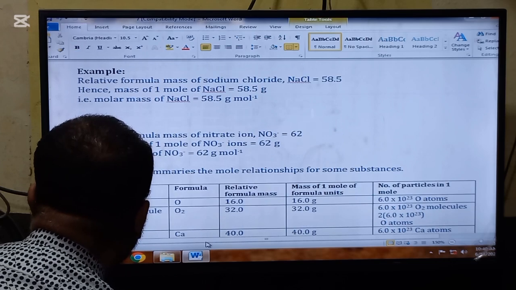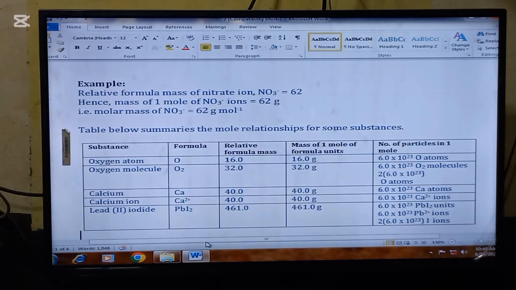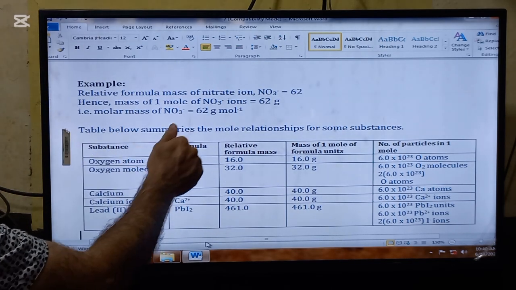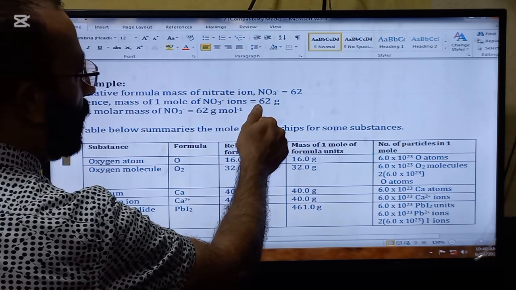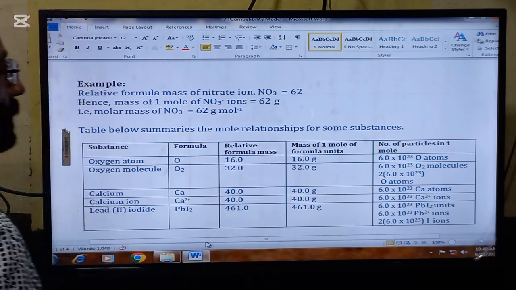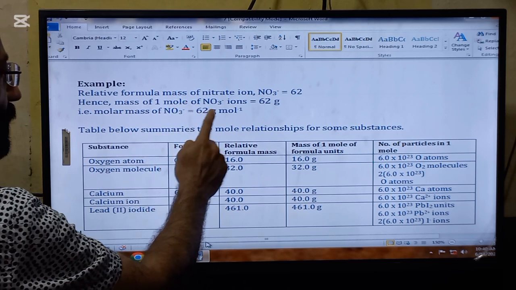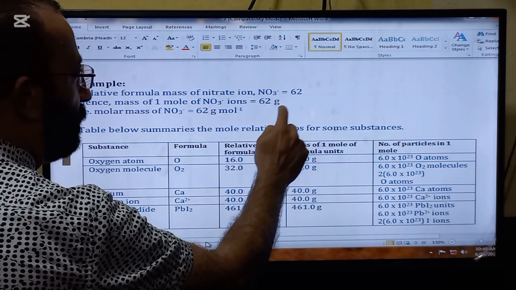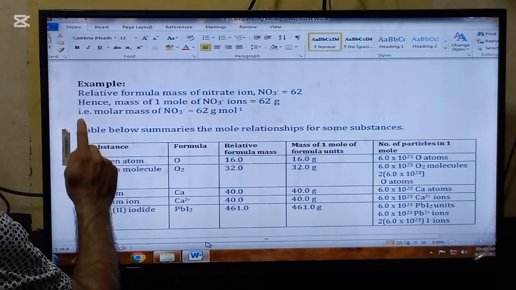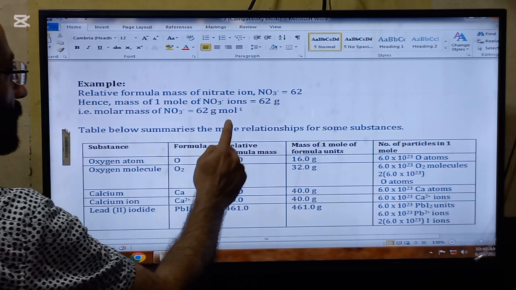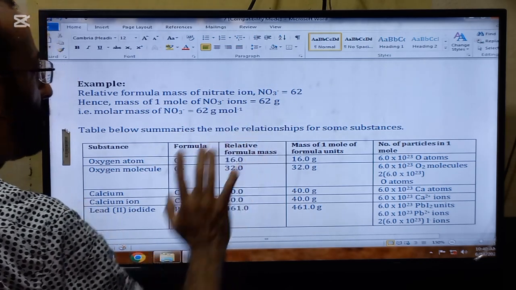In the other question, the same pattern will be used. The relative formula mass of the nitrate ion is 62. Hence the mass of 1 mole of nitrate ion, gram will be put with it. The molar mass of nitrate ion, gram per mole will be put with it.